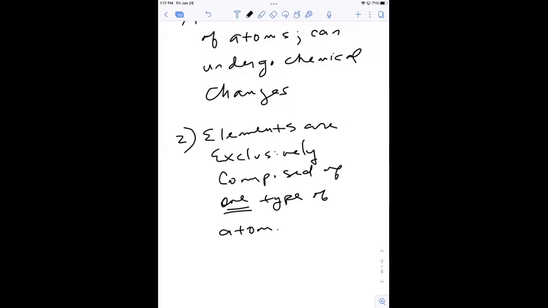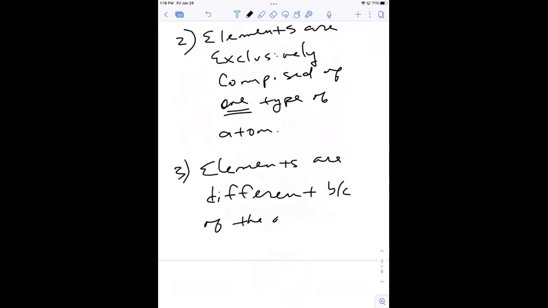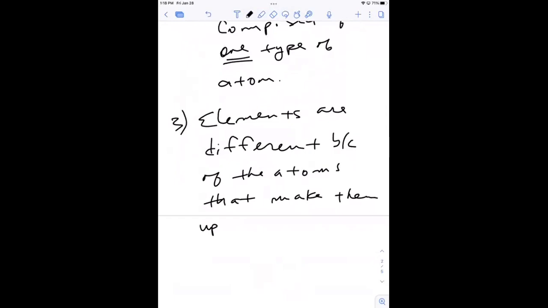The third part of the theory says that elements are different because of the atoms that make them up.